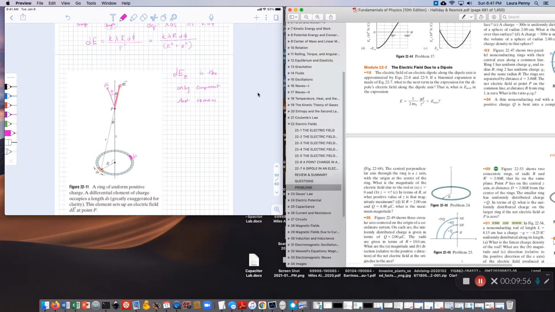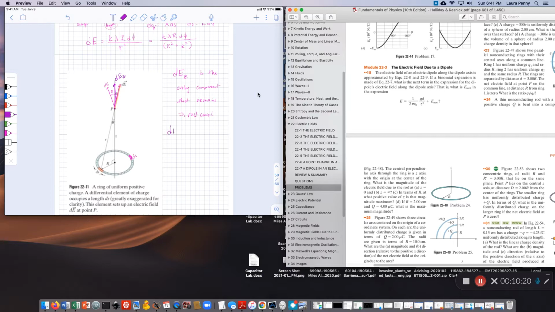The rest cancel with each other. Hopefully that's obvious. There's some symmetry as you move around this ring of charge, where only the parts that move up, which we can draw in purple, the dEz's, actually remain.